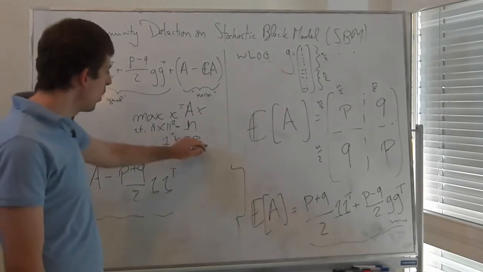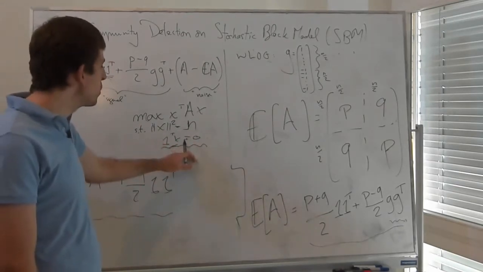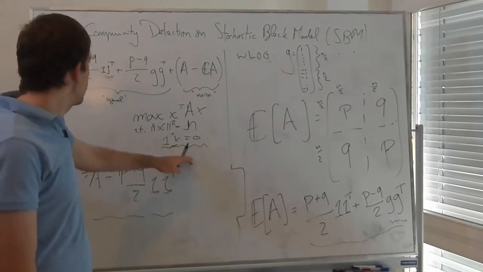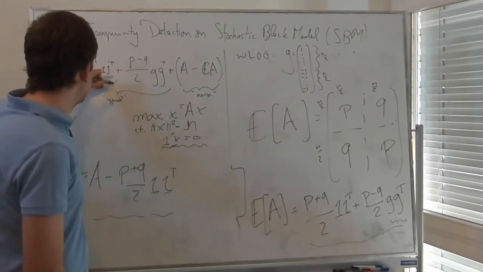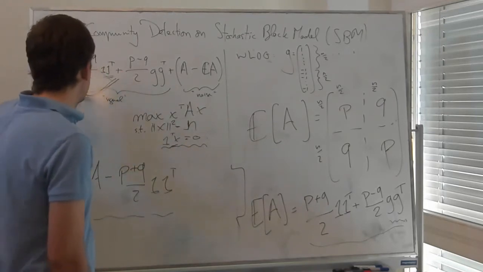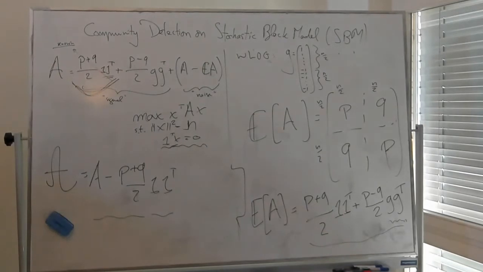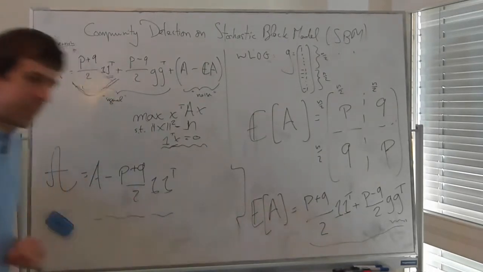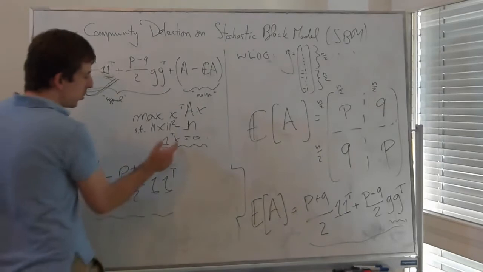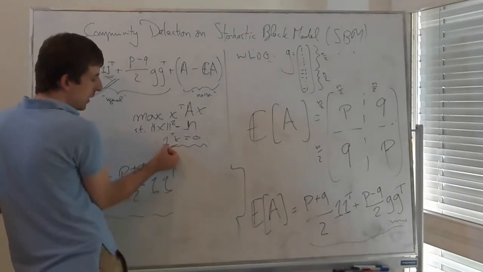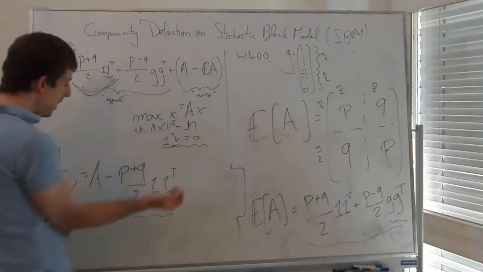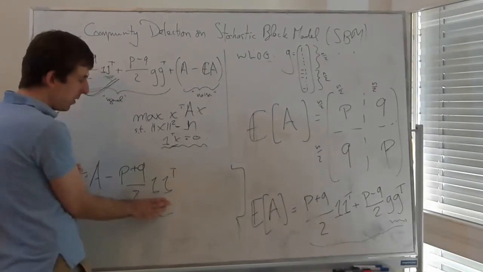But another important thing is that now we can actually drop this constraint. This constraint was here precisely to avoid just trying to match this term that's not meaningful, not informative. But now that we subtracted this, if X were to correlate a bit with the all-ones vector, then we'd get a big negative penalty from here.